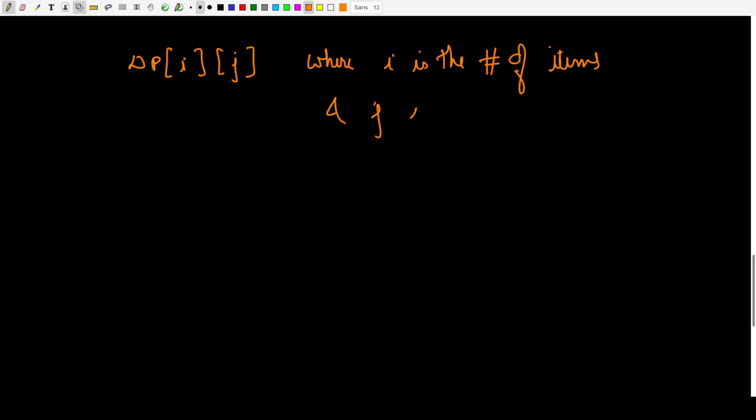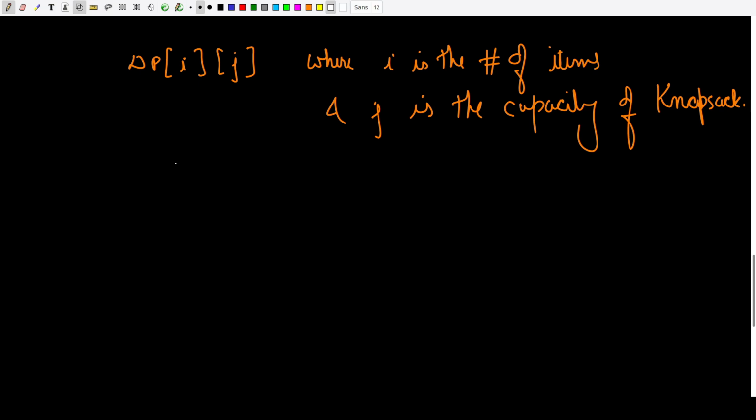So let us say we want to populate the entry dp of I comma j, where I is the number of items and j is the capacity of the knapsack. So for this, the first thing we are going to check is if I equals 0 or j equals 0.